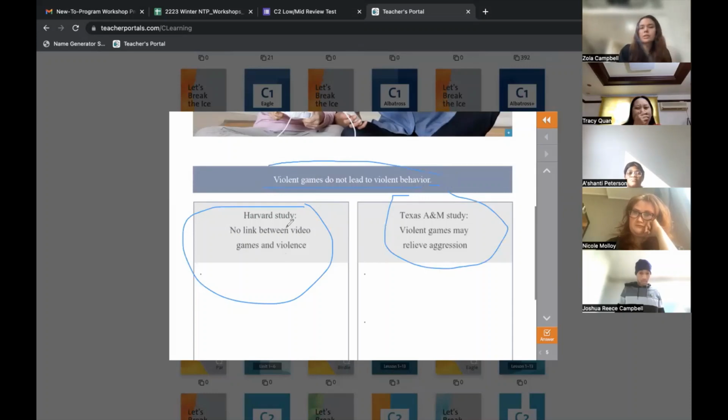They have 2 reasons here, but I want to hear what they think themselves. So you can ask them, why do violent games not lead to violent behavior? And then you'll hear from them. Then you can also have a student read the first reason here, second reason here.